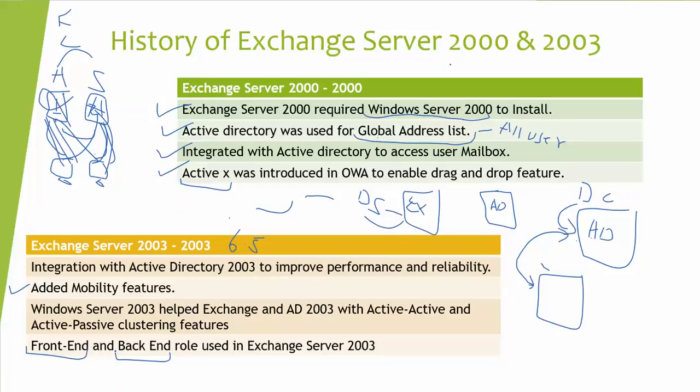So all mail flow was done by the front end, and the back end was responsible for storing the mailboxes, public folders, and databases, all those things. And the front-end server was responsible for the mail flow, like transportation of emails from one place to another. So that was the history of Exchange Server 2000 and 2003.